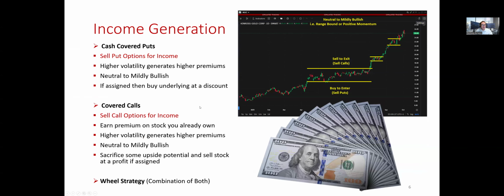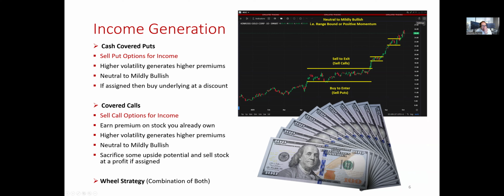Now, one of my favorite options trading strategies, and very safe income generation strategies, are the cash covered puts and the covered calls. With cash covered puts, we sell put options for income. They're generally out of the money puts with very low deltas, so the probability of exercise is pretty low.